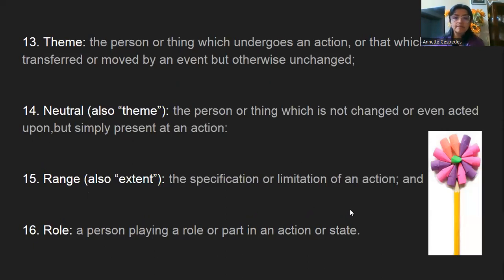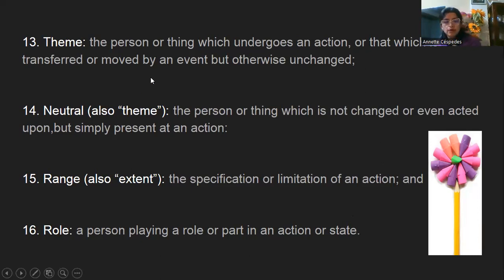Now, what is the theme? The theme is the person or thing which undergoes an action, or that which is transferred or moved by an event, but is otherwise unchanged. Neutral, also called theme. We have to be careful in this part. I prefer to call it neutral so we don't get confused.